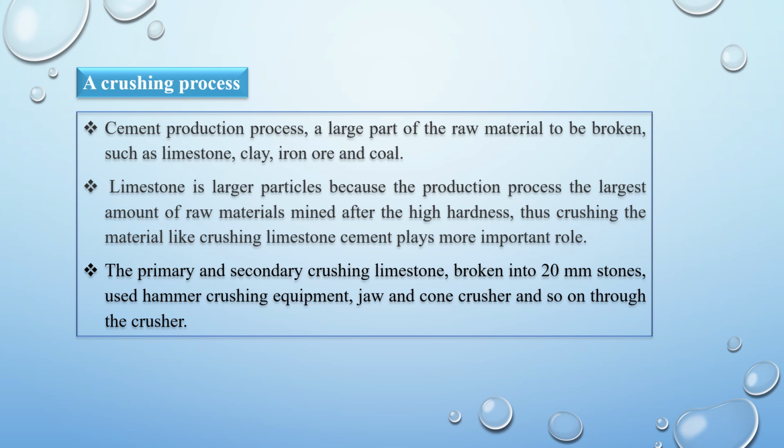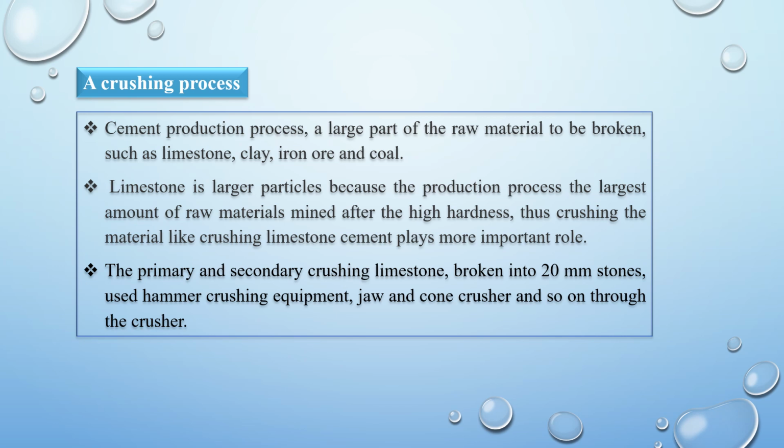Limestone comes in larger particles because it is the largest amount of raw material mined and has high hardness, thus crushing plays a more important role. In primary and secondary crushing, limestone is broken into 20 mm stones using hammer crushing equipments, jaw and cone crushers and so on.